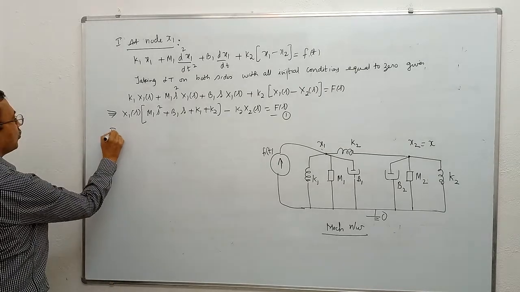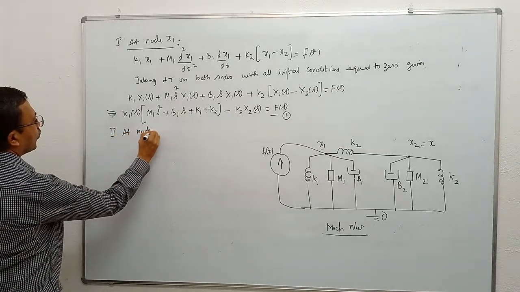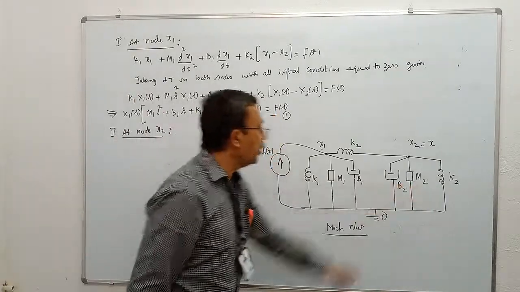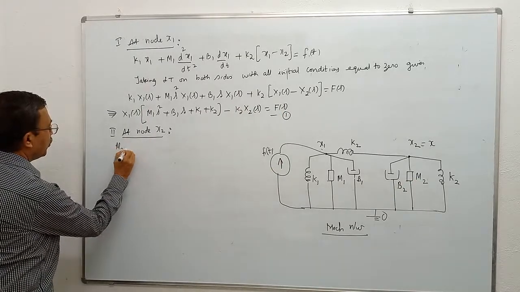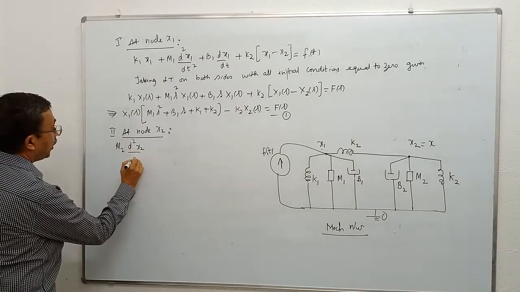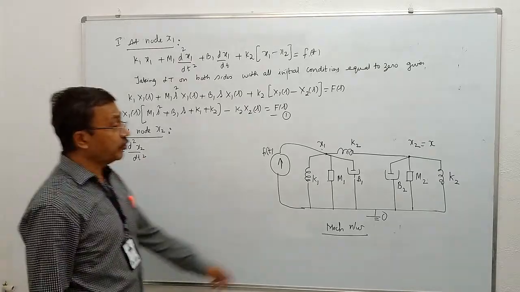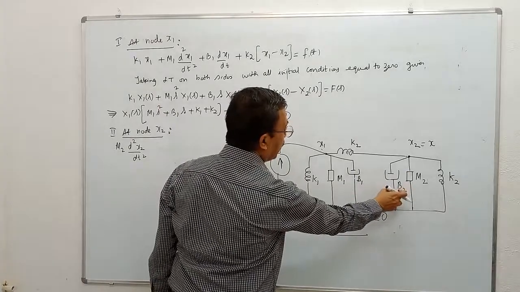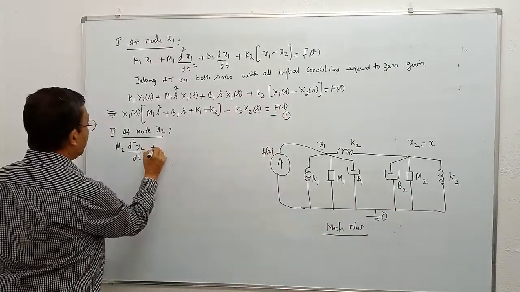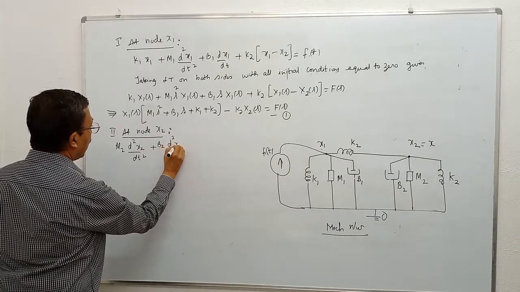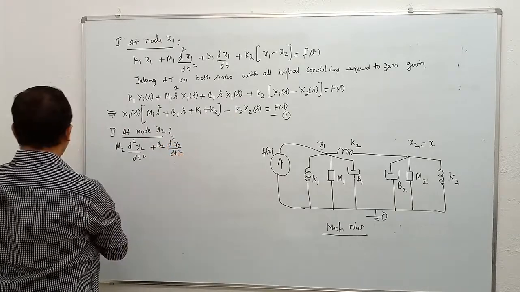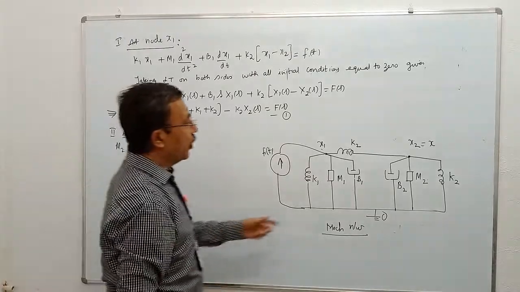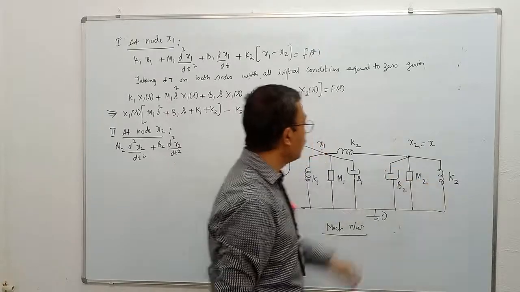Next, at node X2. Reactive force in M2 is M2 into d square X2 by dt square. This is the force leaving node X2 in mass M2. What is the force in B2 that leaves node X2? It is B2 into dX2 by dt. What is the force in K that leaves node X2?